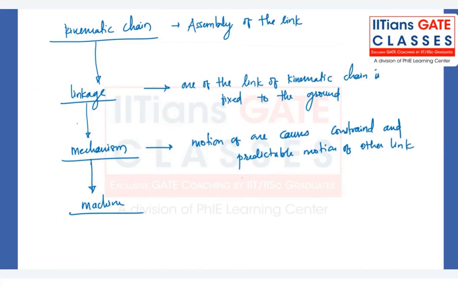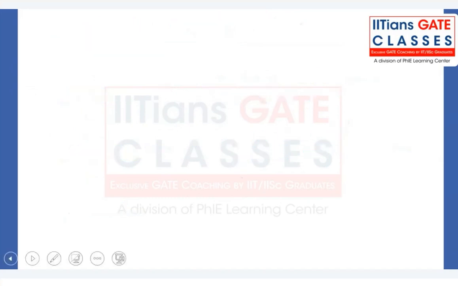Now it's time to understand how we can calculate the degrees of freedom of a mechanism, because we are interested in the mechanism, not just the pair level. So let's write down the heading: movability of mechanism, or degrees of freedom of mechanism.